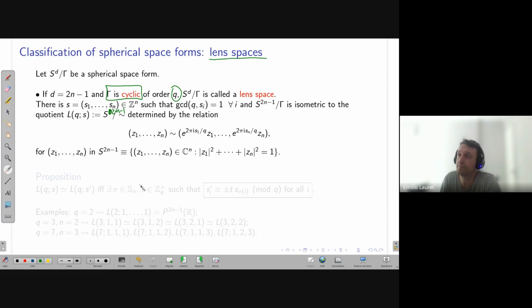And we are going to relate two elements in the sphere in this way. You notice that this is a primitive q-th root of unity, because s1 is coprime to q, so this is primitive. Each of them is primitive. And the quotient is our space.